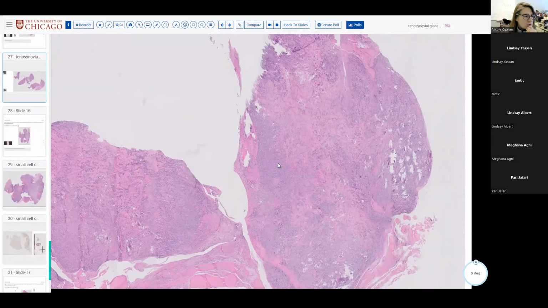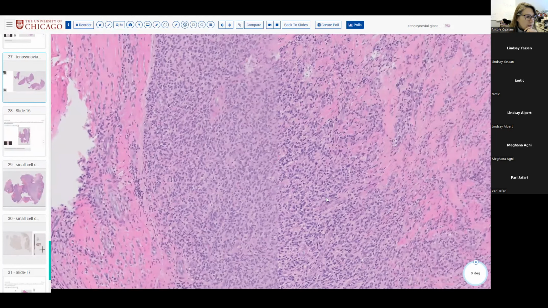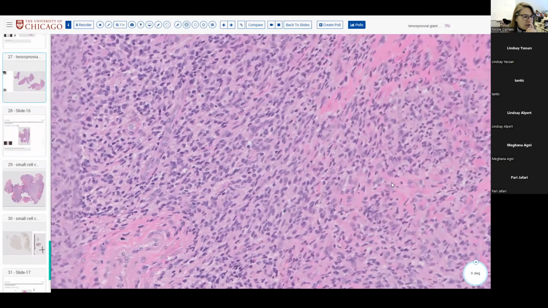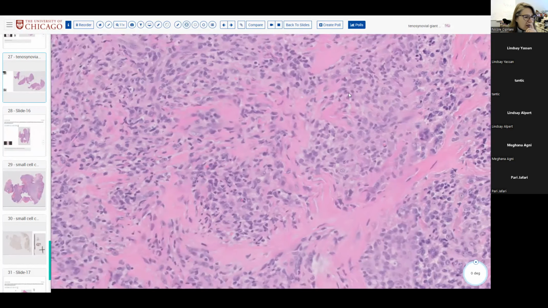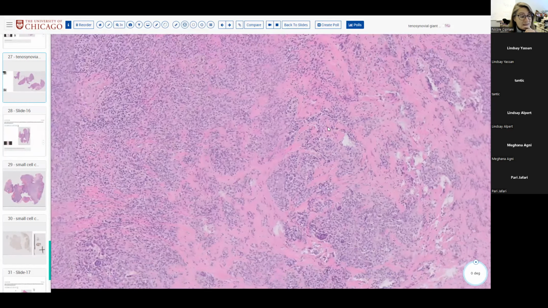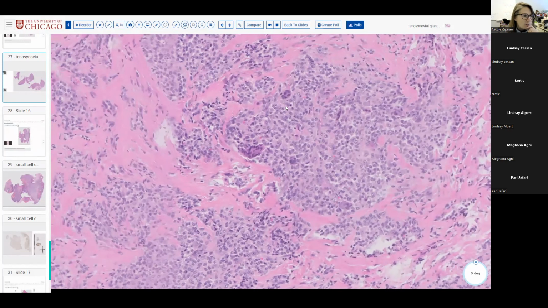It can be seen in large joints. What may clue you in is the cellular monotony here in the background, without much atypia and or mitoses. Occasionally you see a giant cell, but you don't have to see abundant giant cells in this tumor to be able to call it what it is, which is a tenosynovial giant cell tumor.